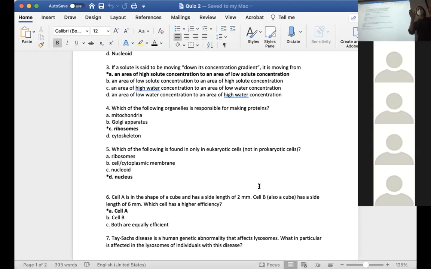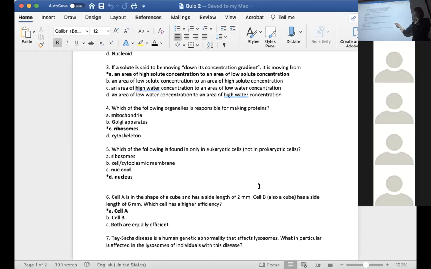That was one of the first lectures in this unit. Nucleoid is only in prokaryotic, but I wasn't asking that. Prokaryotic and eukaryotic cells have ribosomes and some kind of membrane around them. Prokaryotic cells have a nucleoid, whereas eukaryotic cells have a nucleus.